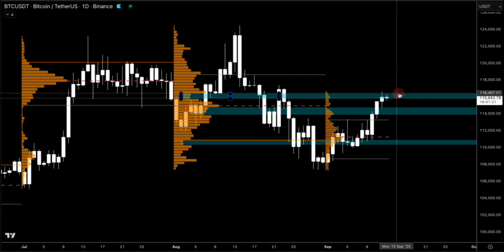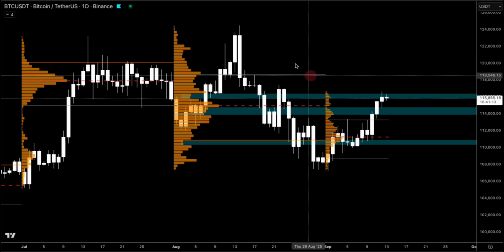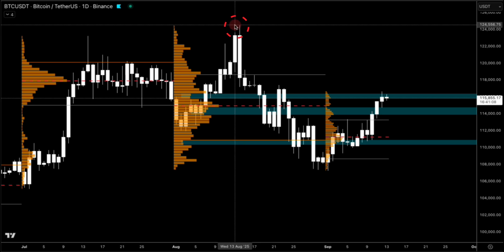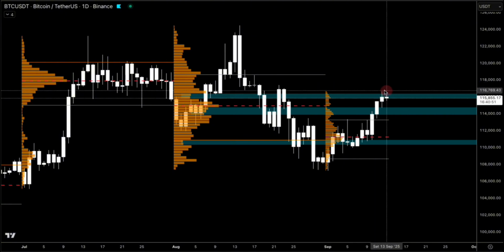Now if we get a price close above, we can tap in with longs and ride it to the upside, and we can target the previous swing high of 124,556.75. We could look to get off at that level if we're doing a quick trade. Long term, naturally you hold forever. That's the general idea, if you get a close above the level just mentioned.